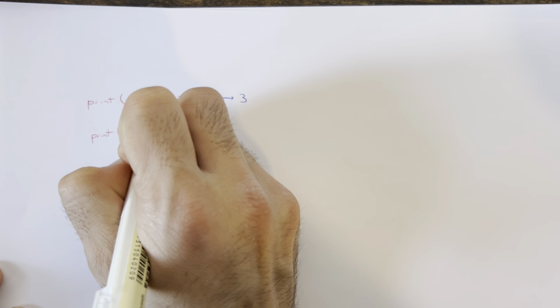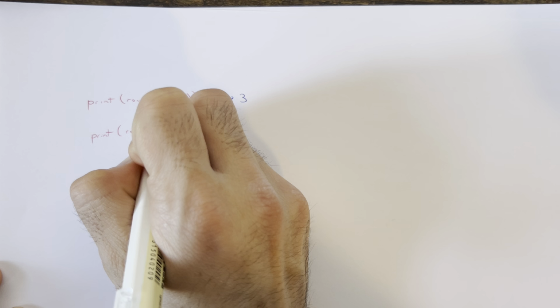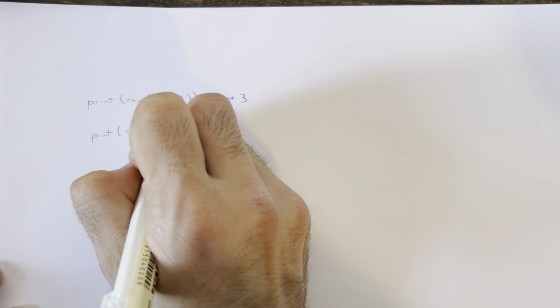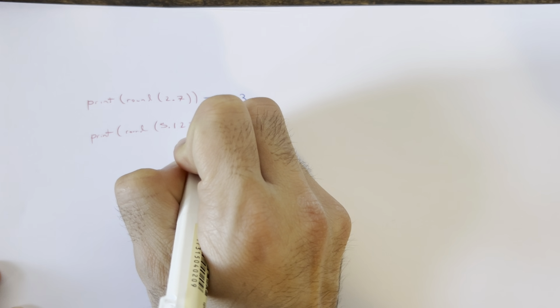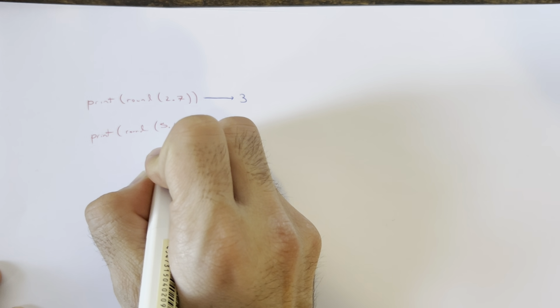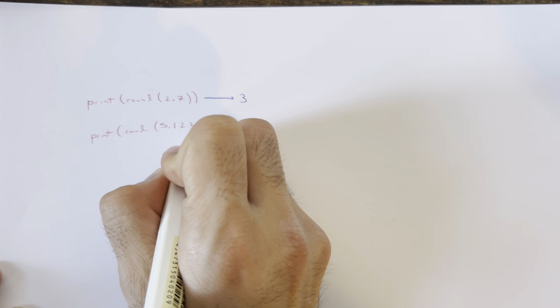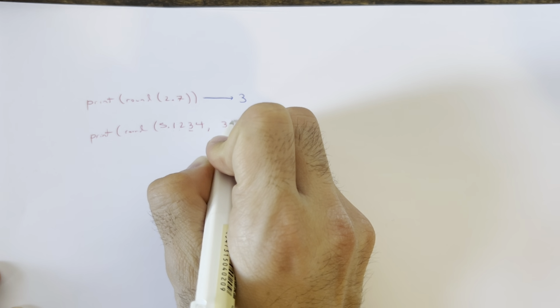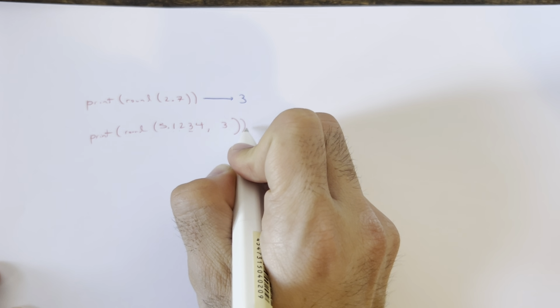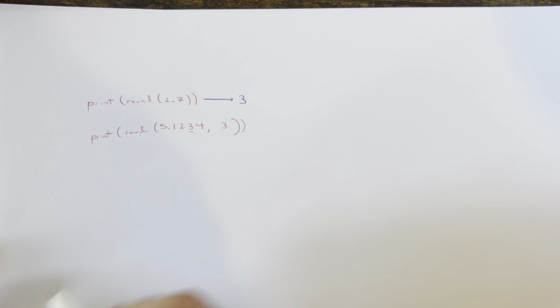Now, let's say we have another example: 5.1234, and we want to round to the third decimal point. Then we specify 3. So what do we get?